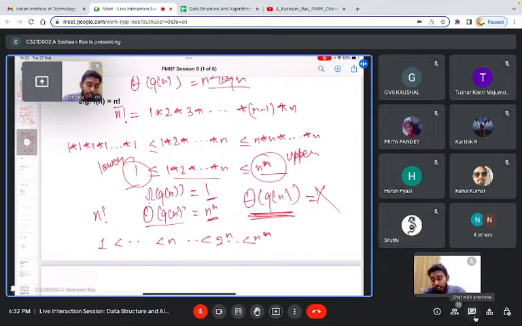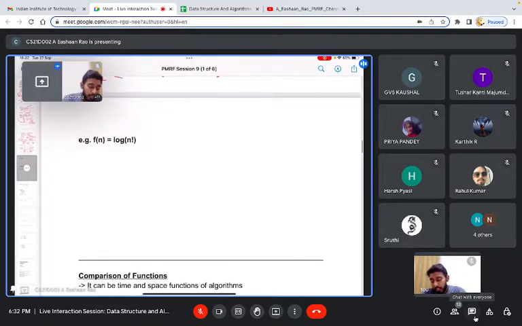Now another example along the same line, in this case it's log of n factorial. If we try to solve it again, I will just expand n factorial here one more time. Going by the same logic, I will convert n factorial like I did earlier, that is 1 into 1 into 1, replacing 2, 3 with 1 for simpler analysis.